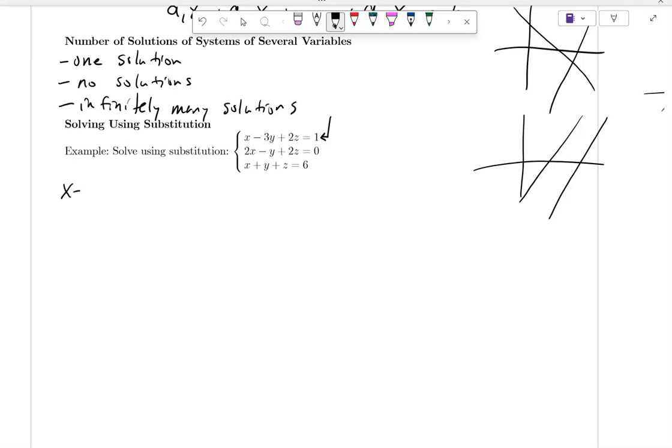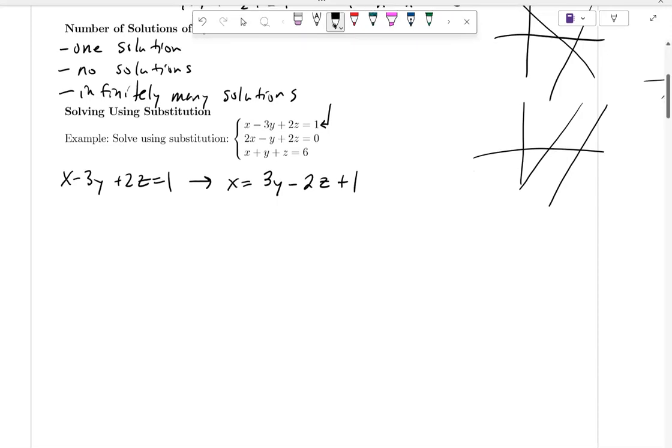So if I start with the x minus 3y plus 2z equals 1, I can write that as x equals 3y minus 2z plus 1, right? Add your 3y and subtract the 2z. Okay. Now I need to plug this into the second equation and the third equation. Okay, I got to plug them into both. Okay.